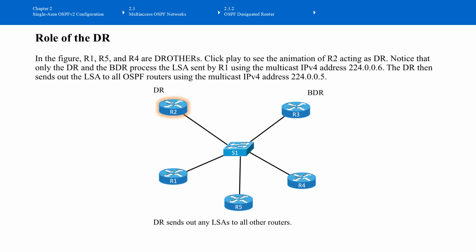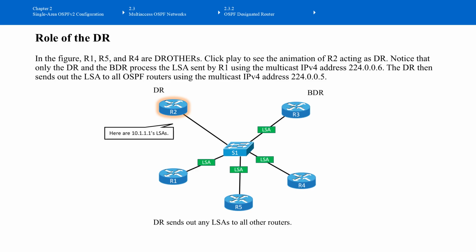Step 3, R2, the DR, receives the LSA and becomes responsible for distributing it. Step 4, R2 sends the LSA to 224.0.0.5. This address means all OSPF routers. So R2, the DR, sends the information to R1, R3, R4, and R5.